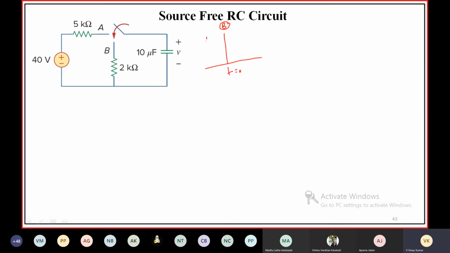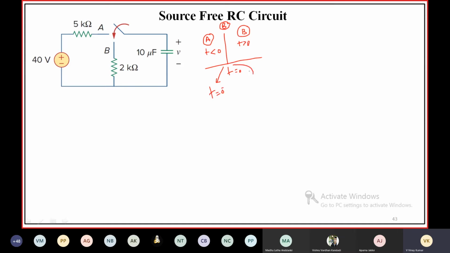Okay, it was in position A for t less than 0. For t less than 0, it was in position A. For t greater than 0, it will be in position B only, right? This instant is t is equal to 0 minus.